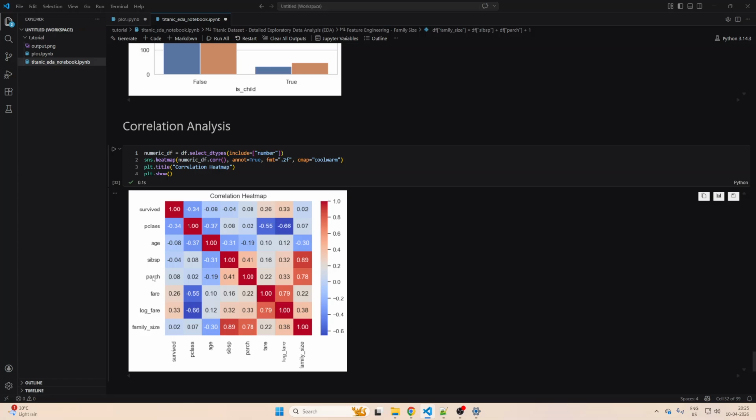Siblings and parent-child count have a relatively low correlation of 0.41. So if there are siblings, there's a high chance that there will be a parent or child as well. They will be traveling as a family.